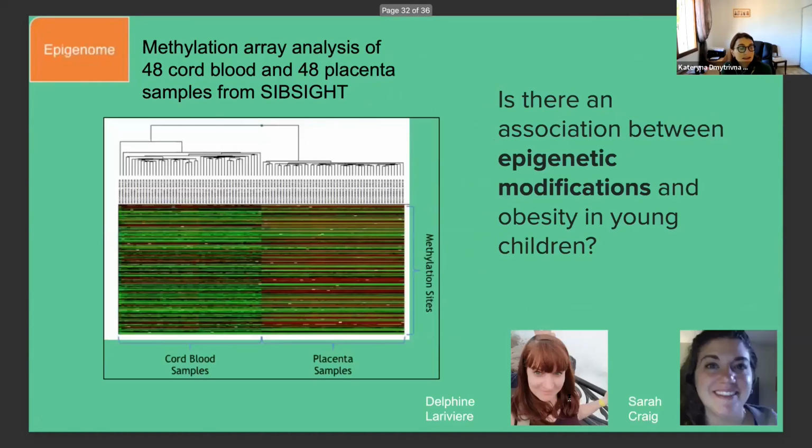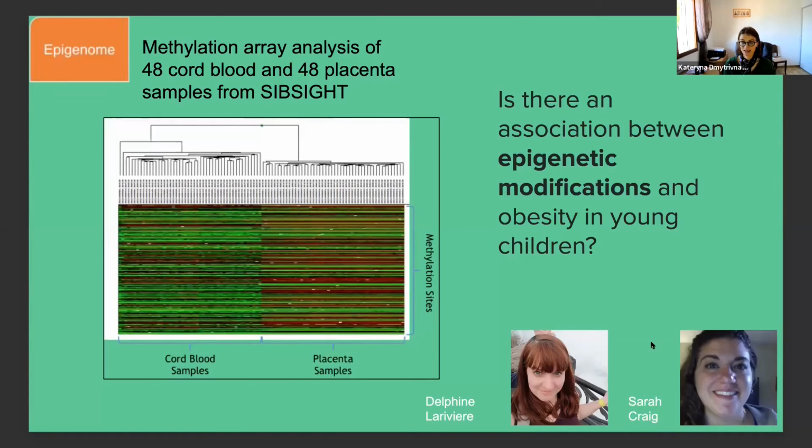So the study on the epigenome is still ongoing. We want to ask a question whether there is an association between epigenetic modifications and obesity in young children. For this, we've collected cord blood samples and placenta samples from the same cohort.